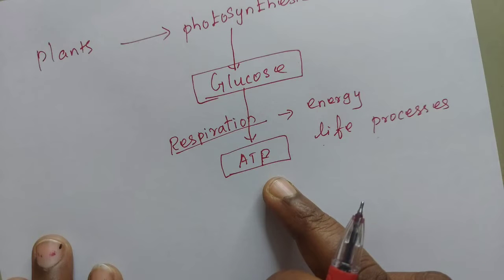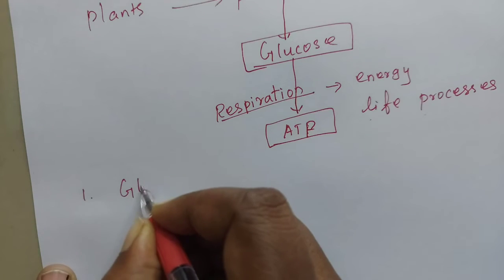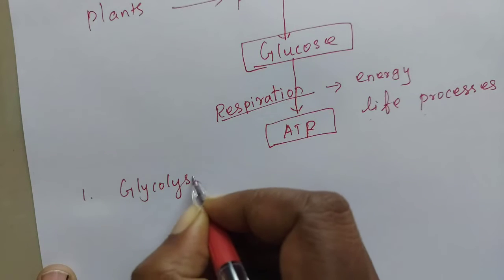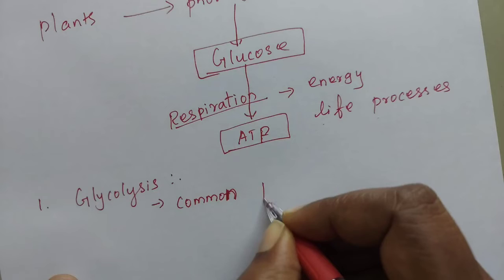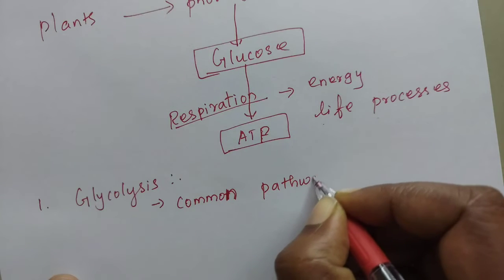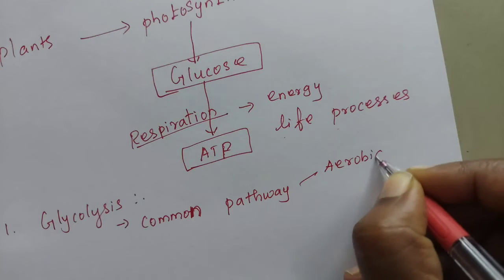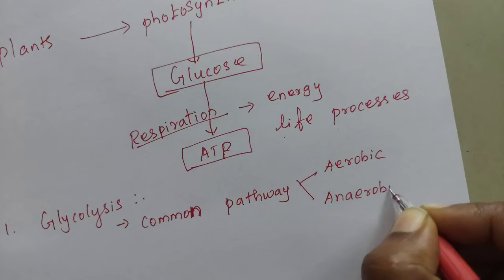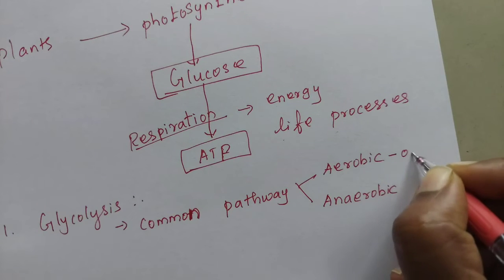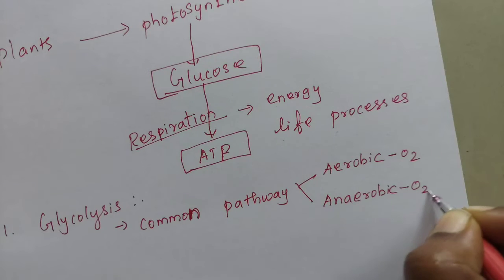So the first step of this respiration is nothing but the glycolysis process. So glycolysis is the first step of respiration, and the important point is that glycolysis is a common pathway for both aerobic respiration and anaerobic respiration. So the glycolysis process happens in the presence of oxygen, and it also happens in the absence of oxygen.